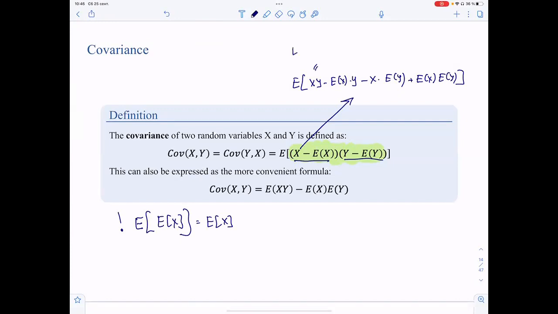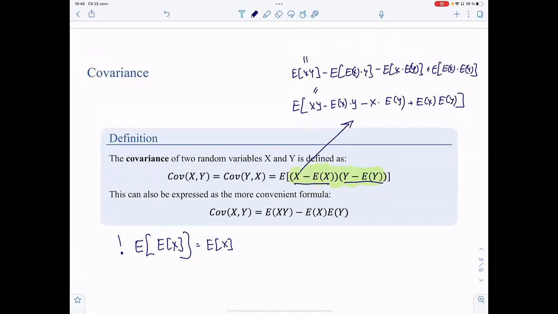And then you split this expectation into a sum of expectations plus the expectation of x times expectation of y. And then let's think. Yeah, we can cancel the third and the fourth term. That moves outside, and voila. And you got this formula.